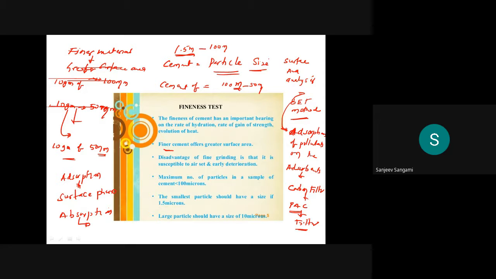We always talk about gradations, as we do in aggregates. Here also, at 10 microns, how much percentage is there? At 20 microns, how much percentage is there? But in the laboratory, you have to go with high-end equipment only if you want to find out how much percentage of each particle size is there.